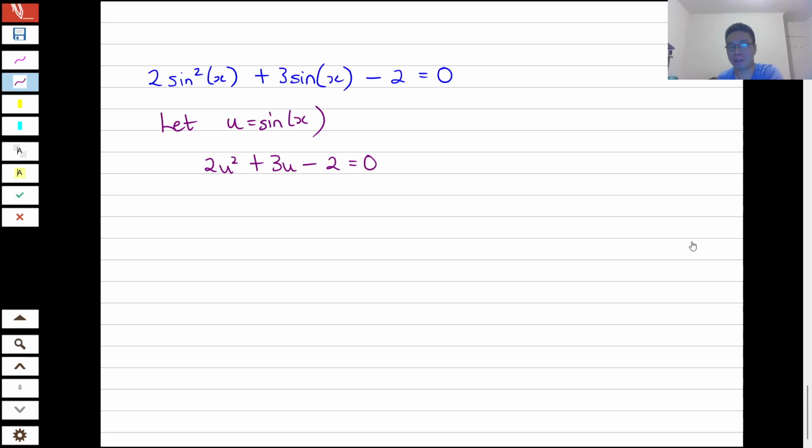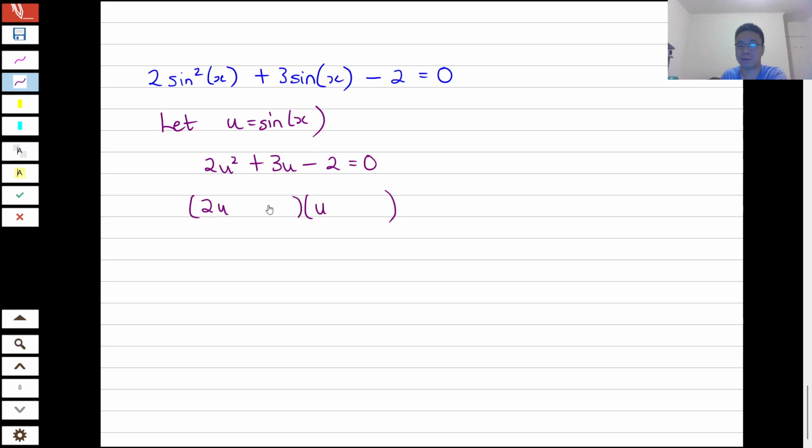At this point, we have a quadratic equation, which we can solve either through factorization, completing the square, or the quadratic formula. Since 2 is a small prime number, I'll start by checking whether we can factorize it by inspection. So now I'm looking for two numbers to go on the right of both brackets, which multiply to -2.